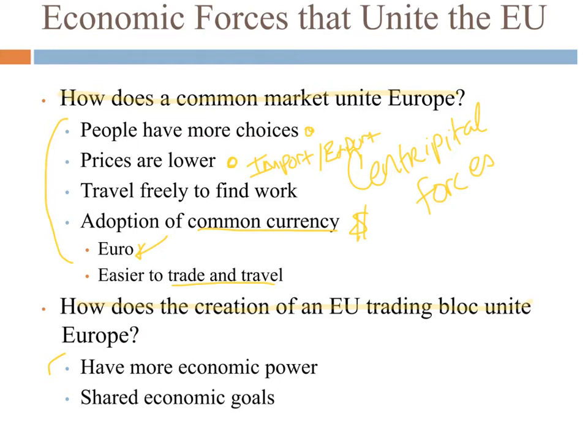As a result, they're going to have more economic power. Additionally, by having shared economic goals, they're able to be more concise, all right, and have better returns on their investments in Europe. And so these shared economic goals are something that work for them.